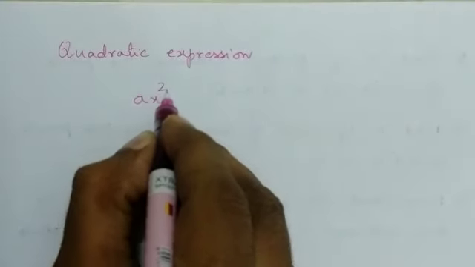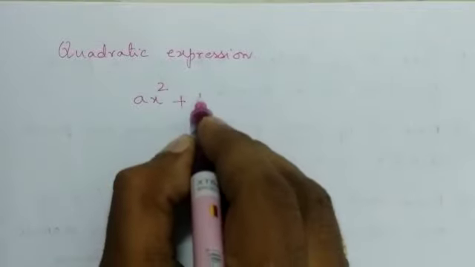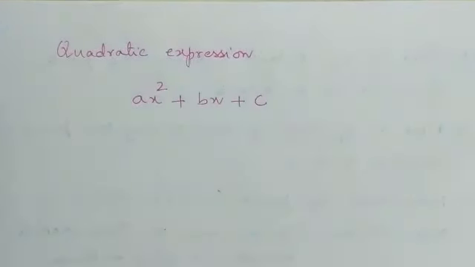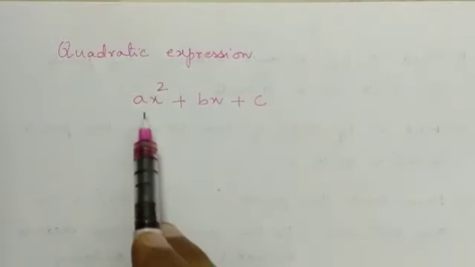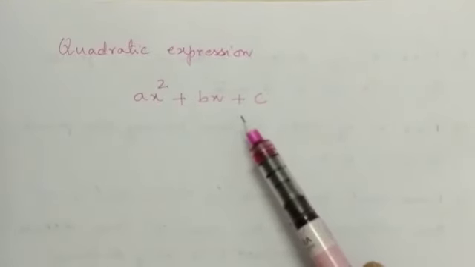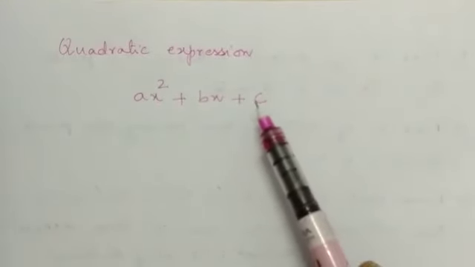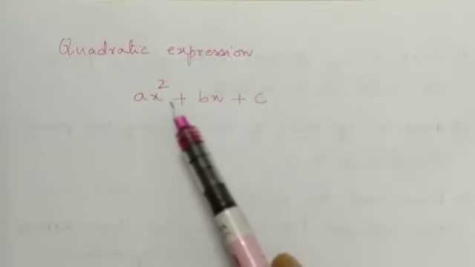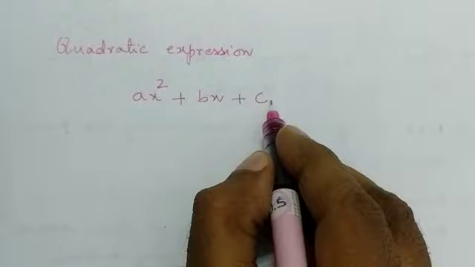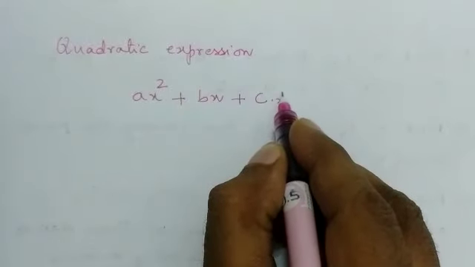An expression of the form ax square plus bx plus c. If the highest power of x, here there is no x, means the power of x is 0.